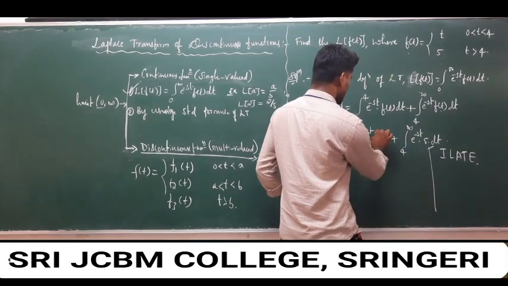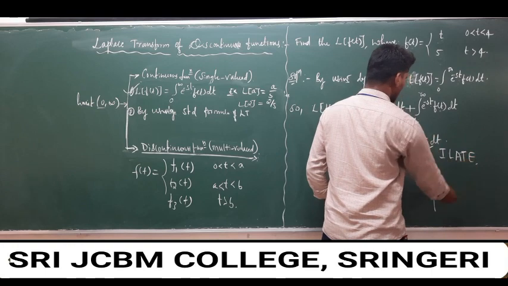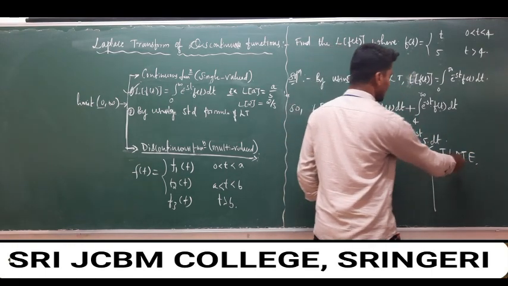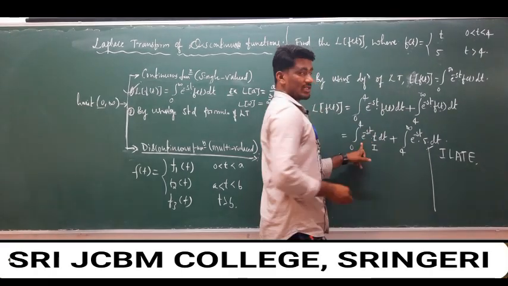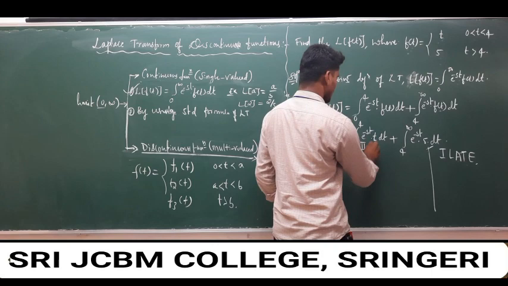Here t is an algebraic function, so I will take this as the first one, and e to the power minus st is an exponential function, so I will consider it as term 2.